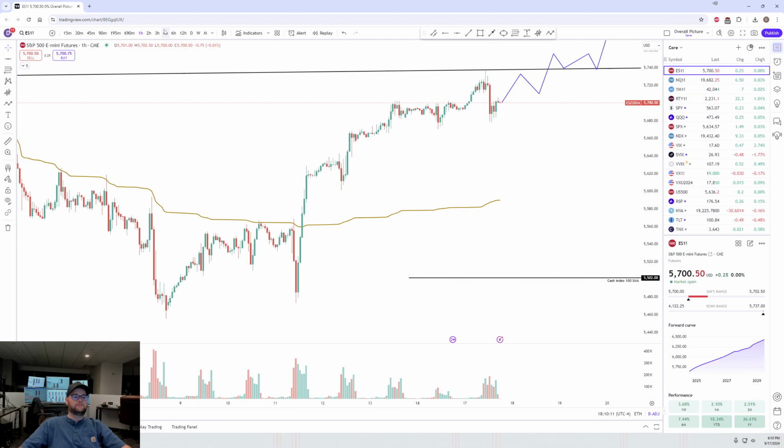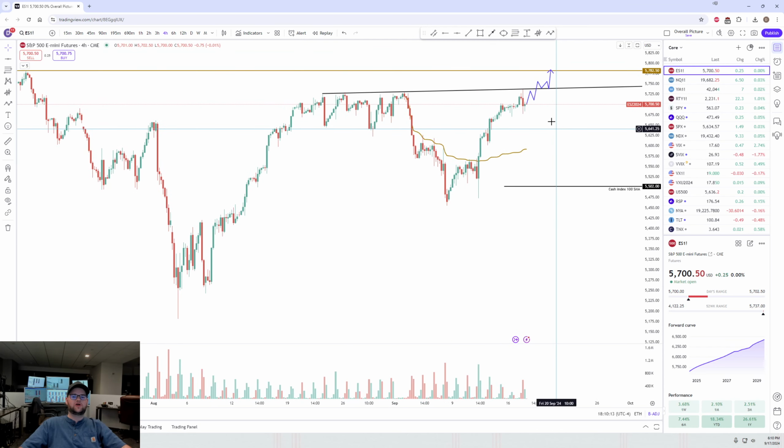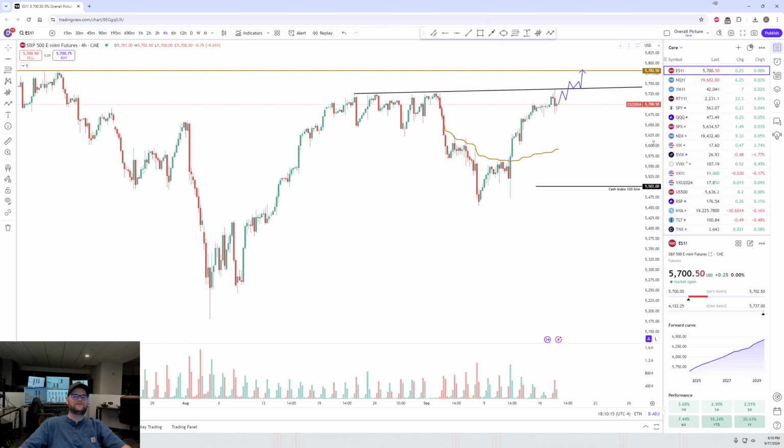And important to note, if that does occur where 5782.5 does break and price moves above that, that means that S&P will go into uncharted territory, which is new all-time highs. So above that, I don't really have solid levels. Maybe use the psychological whole numbers, like 5800, 5850, 5900, and so on. Okay, so those are the key areas to look at.